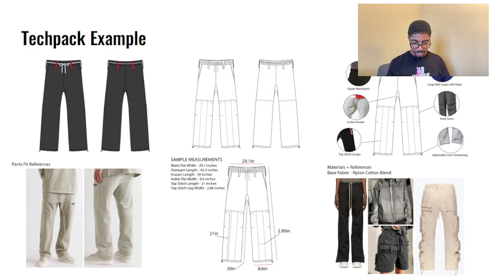So right here, you'll see the waistband and the drawstring. You'll see the knees, the ankle, the seam details, the gusset, all of that. So that's we want to reduce possible mistakes. That's number one. We want to reduce possible mistakes as much as possible.